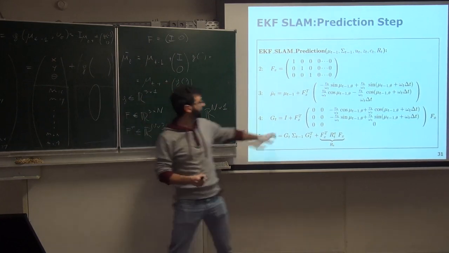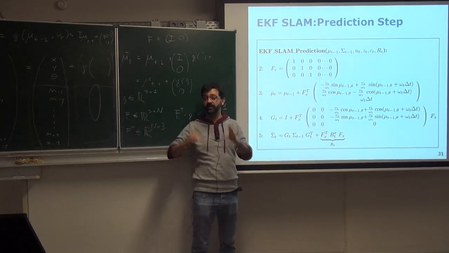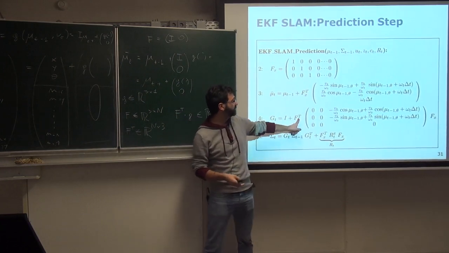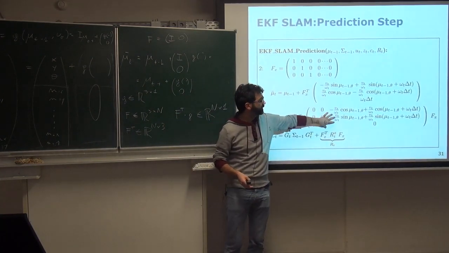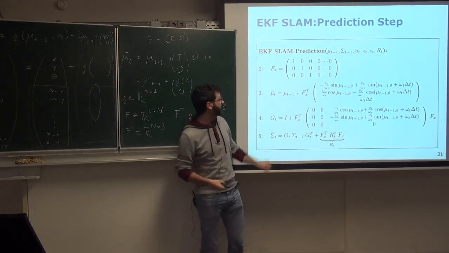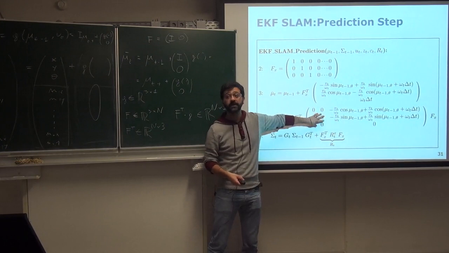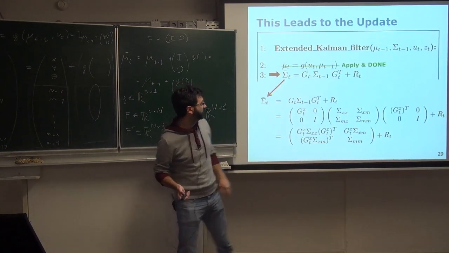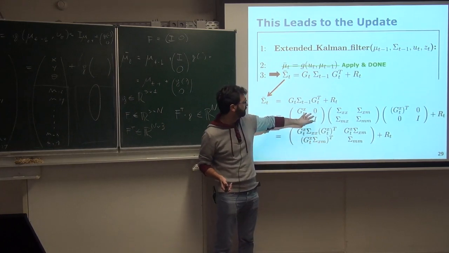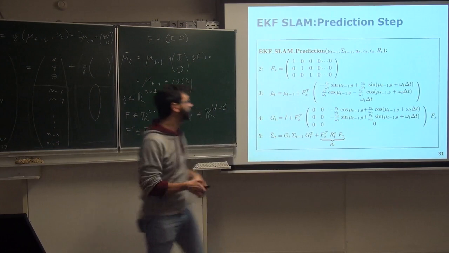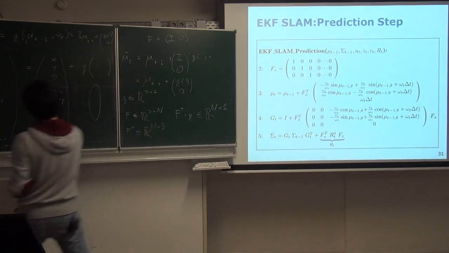So we can just write it all together by saying that it's the identity plus F transpose, this part, which is the Jacobian of G, times F. But when we do this multiplication, what will happen is that we have exactly this matrix here. I can actually do it on the whiteboard, it's easier.